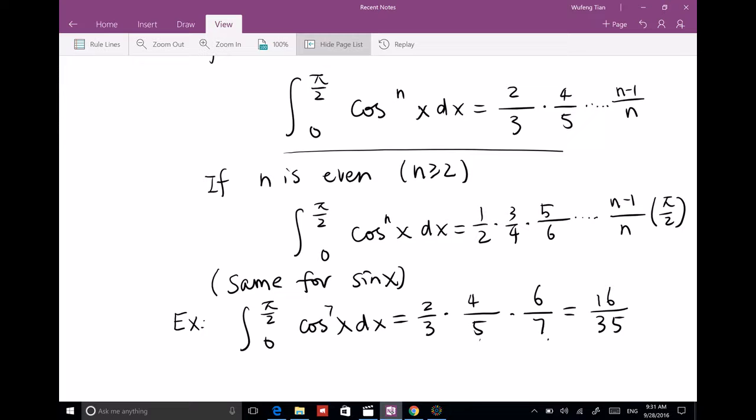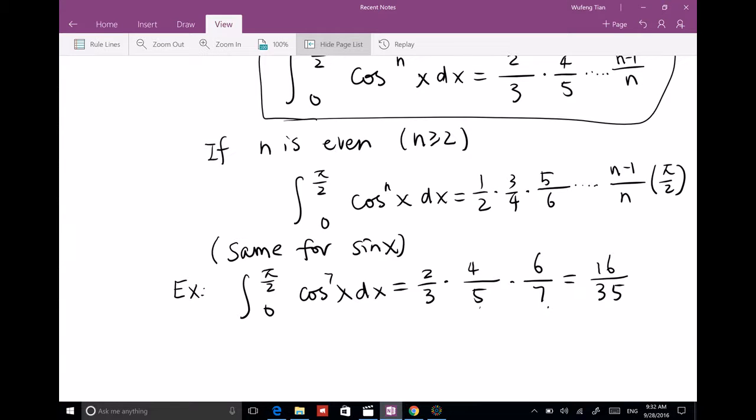I want you to prove that one today at home. Prove this formula as an exercise yourself, not homework. But I want you to try it. See if you can prove that. Or maybe next class after you try it, I will show you the whole proof, how you get the whole formula here. Okay. So today we just look at how to apply those two formulas first. But I would like you to go back and try to prove this one, because if you prove one, the other one is very similar.